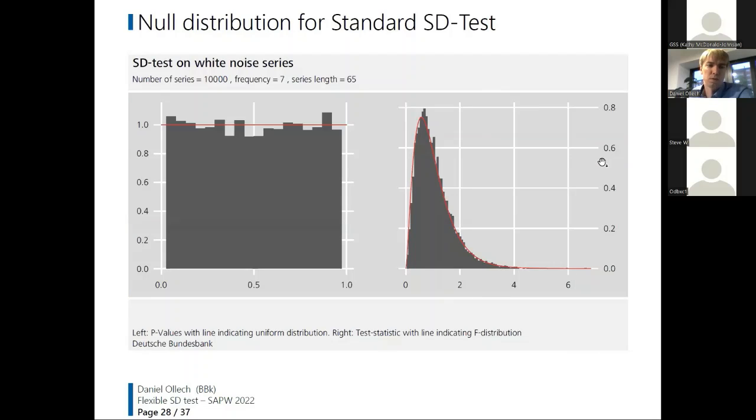So how much is the null distribution distorted for the standard seasonal dummy test? What we see here is for a frequency equal to 7, that is, we just use 6 seasonal dummies and a constant term, the p-values are uniformly distributed. The F-test works quite well.